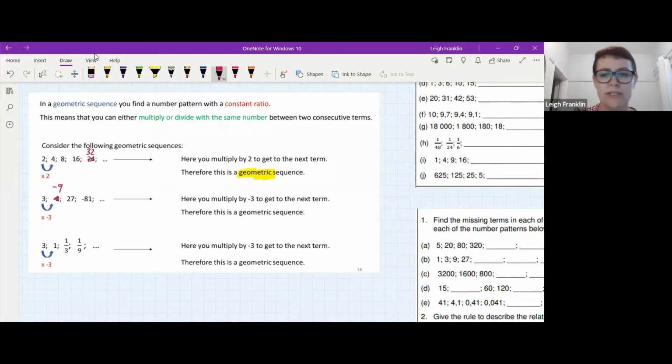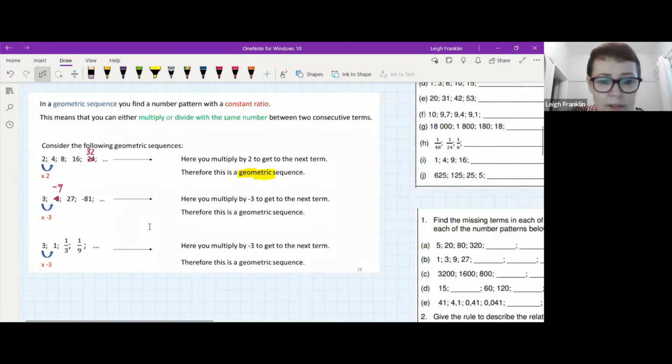Each second term in the pattern is going to be a negative number, so we must be multiplying by a negative. Remember, a negative times a negative gives us a positive, and a negative times a positive gives us a negative. So we're multiplying by -3 each time, and that's why it goes positive, negative, and so on.